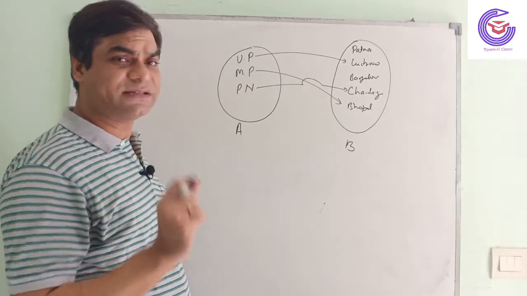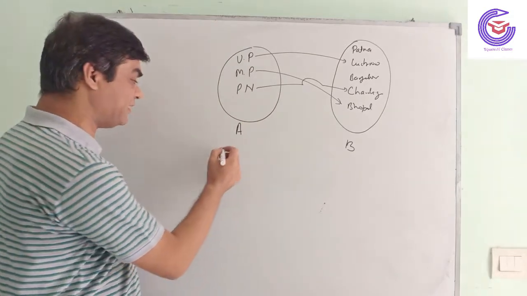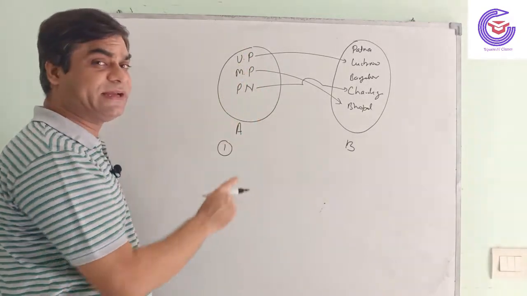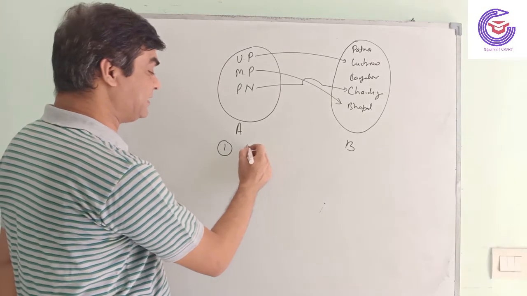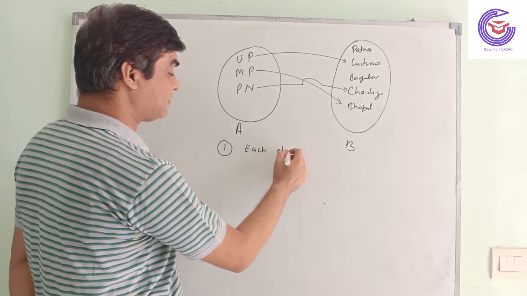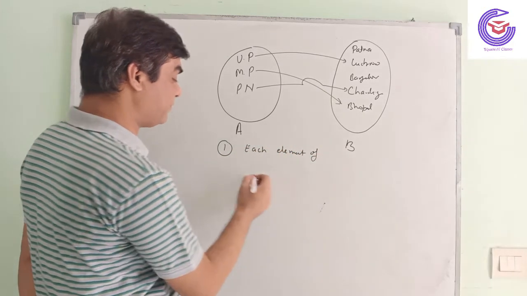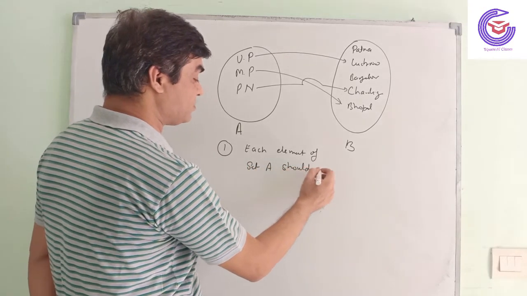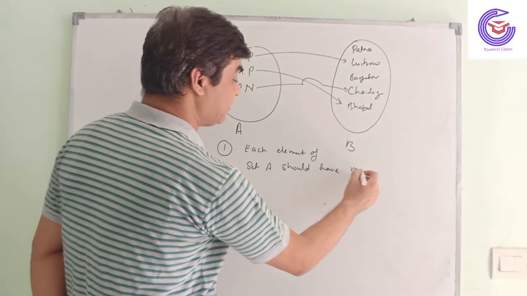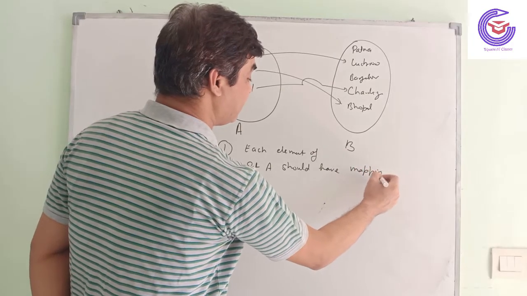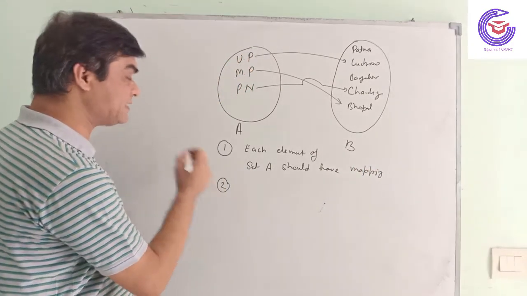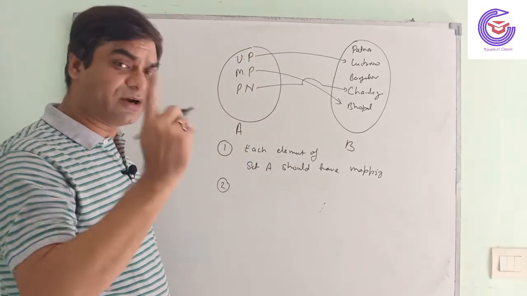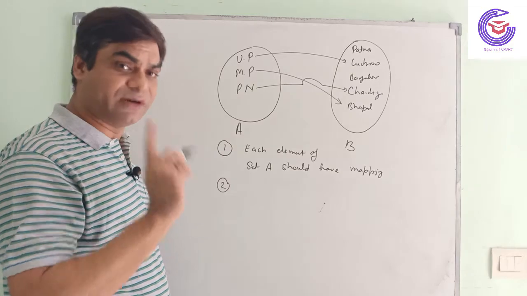So in the function definition, there are 2 important things. The first thing is that each element of set A should have a mapping. And the second condition is that UP can have only one capital. UP cannot have more than one capital.